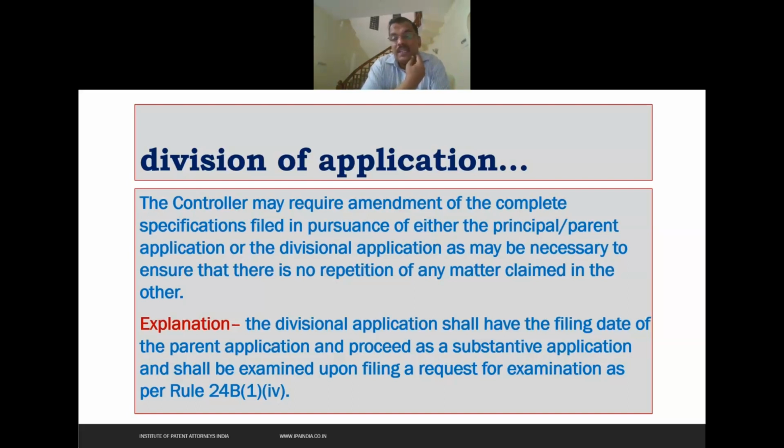Suppose you submitted the request for the original application in the 48th month, then there is no time for filing a request for the division application. In that case, you are complying with the FER within that particular time provided by section 21, and within that stipulated time period, you have to file the division application. Along with the application, you can file a request for examination also.